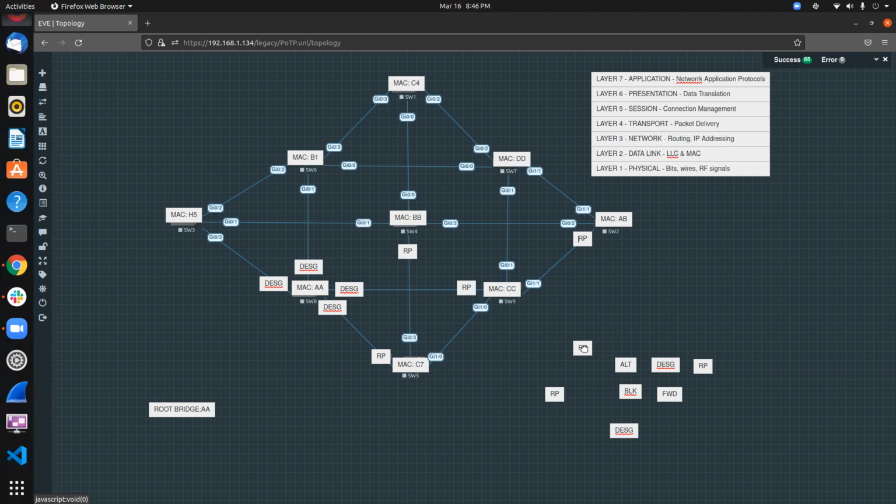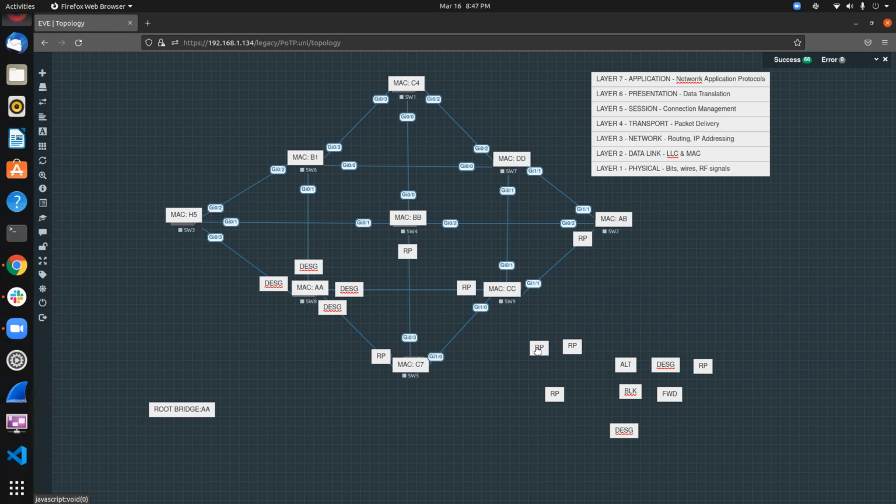And compared to what? In comparison to the cost of 8 by going from switch 6 to switch 3 to switch 8, or going around from switch 6 to switch 7 to switch 9 to the root bridge, which would be 4, 4, 4, 12.